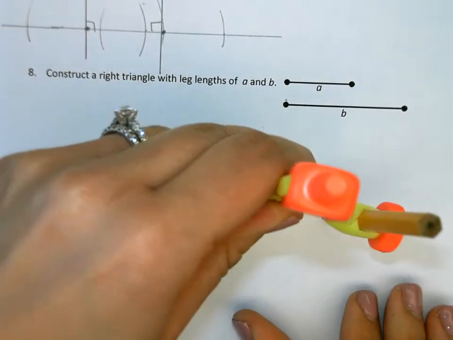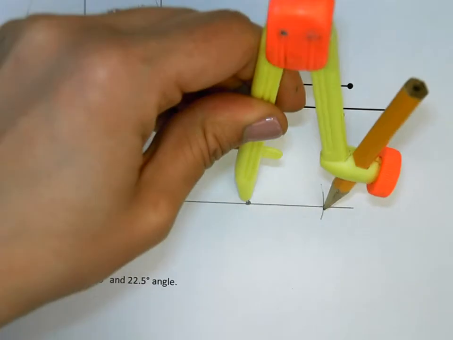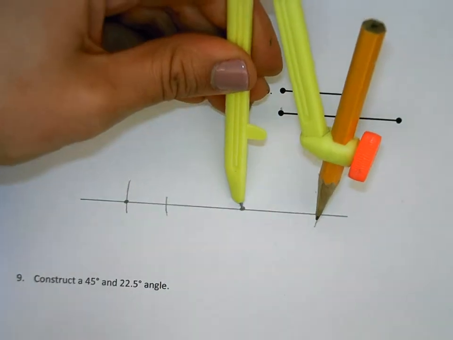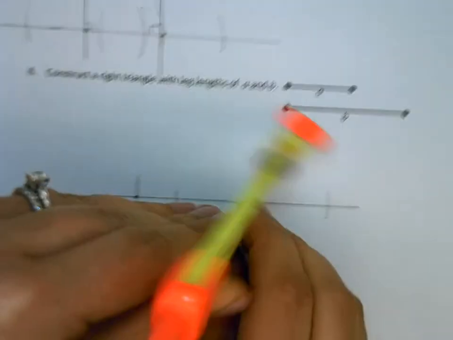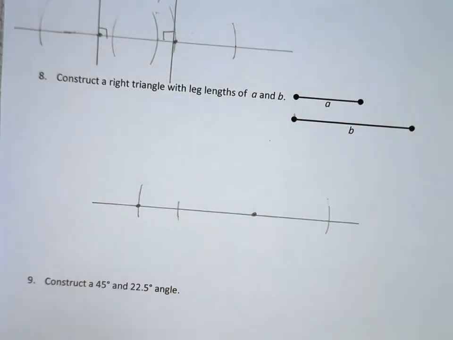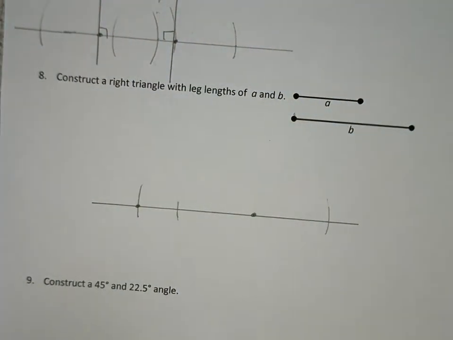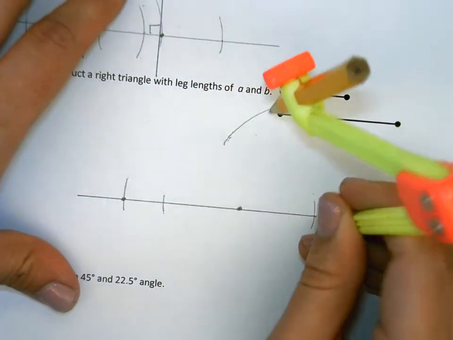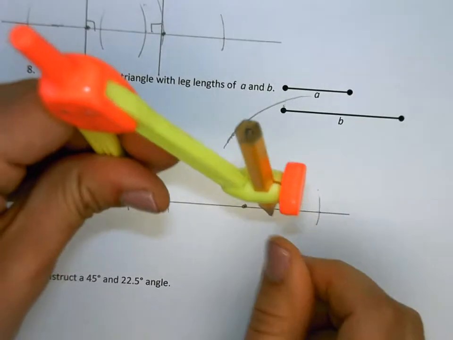So I construct an arc to make endpoints. So I'm just doing a perpendicular through a point on the line. And then I use those endpoints, but I open my compass wider and I construct my perpendicular bisector.